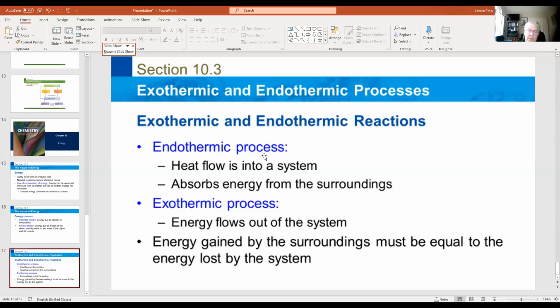Endothermic process is that one that the energy is absorbed from the surrounding, and the exothermic process is that one that flows the energy from the system to the surrounding. Then in the endothermic, energy is gained. In the exothermic, the energy is released.